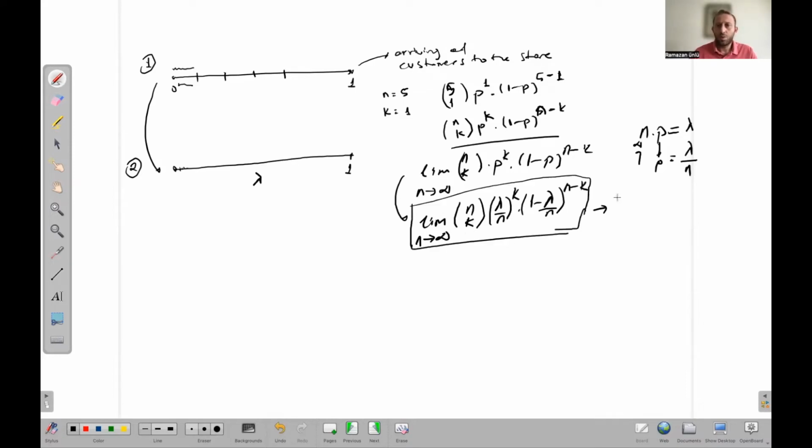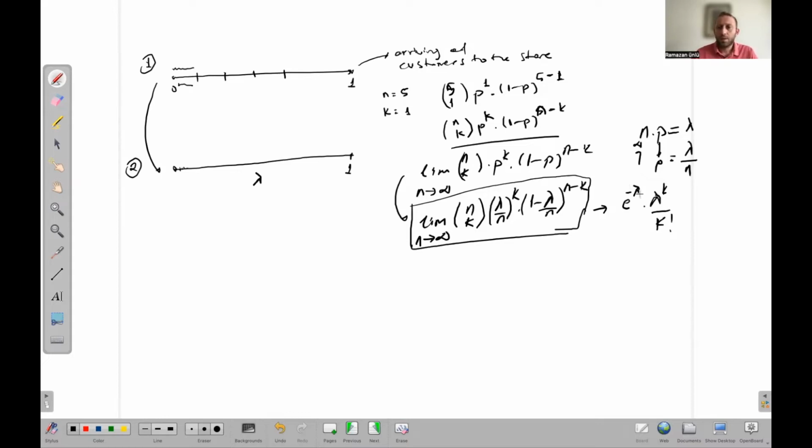If I calculate this limit, I will find the corresponding version of this example for the continuous case, and that is called the Poisson distribution. Remember the solution of this limit: e to the minus lambda times lambda to the k, divided by k factorial.